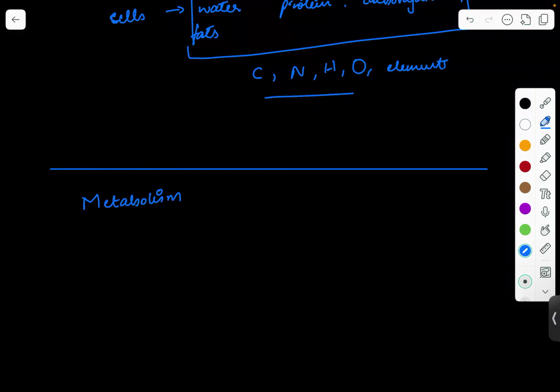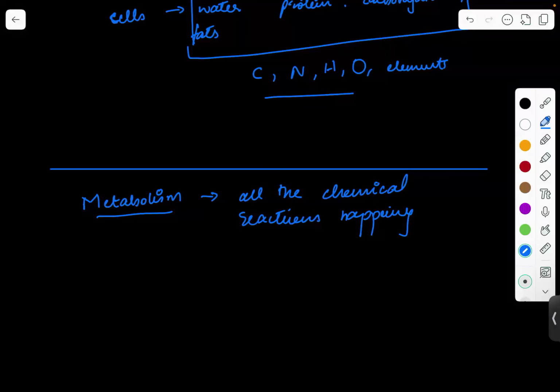people throw this word around, but metabolism basically is all the chemical reactions happening in cells and living organisms. Because I'm trying to connect this for you, which is elements, carbon, nitrogen, hydrogen, oxygen.